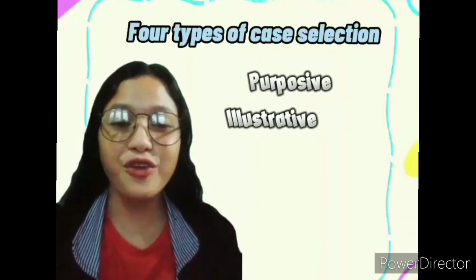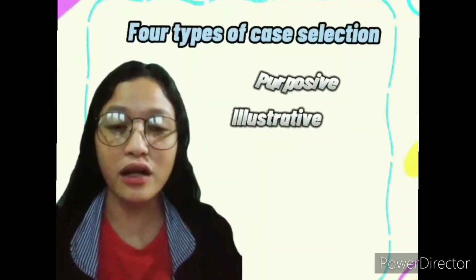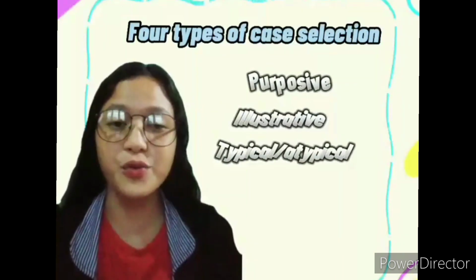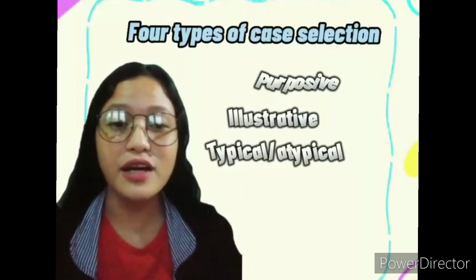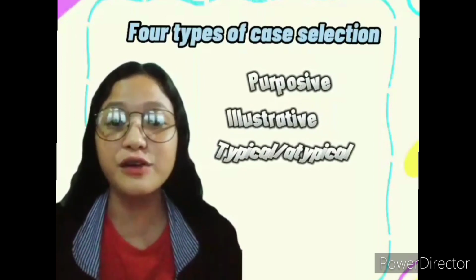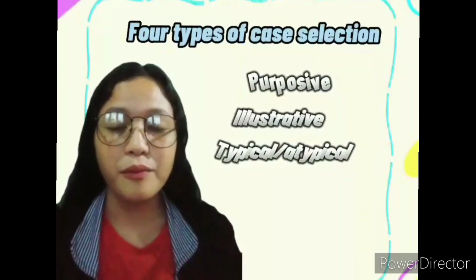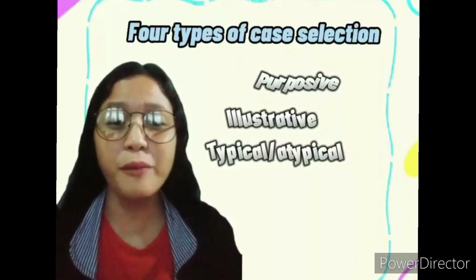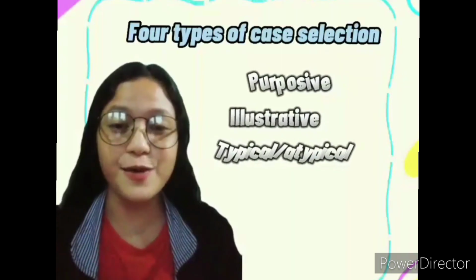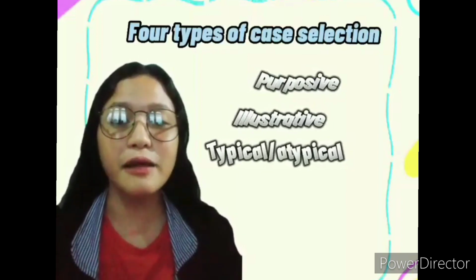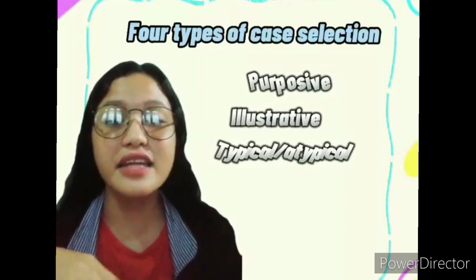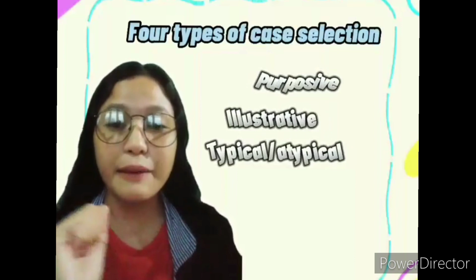So the third one is typical or atypical. The case may be chosen because it is believed to be typical of the phenomenon being studied, or it may be deliberately chosen as an extreme or atypical case.